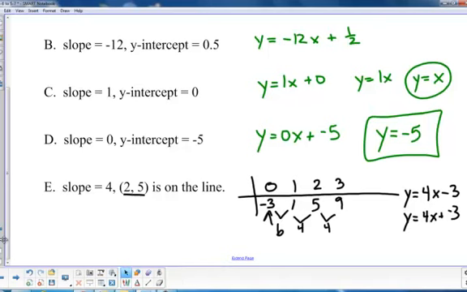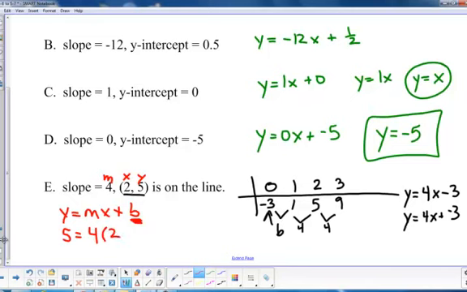If you want to use y equals mx plus b, this is our unknown. We have an m, we have an x, and we have a y. We can use those 3 points to solve for b. I would put 5 in for y, 4 in for my m, 2 in for my x, and this is my unknown.